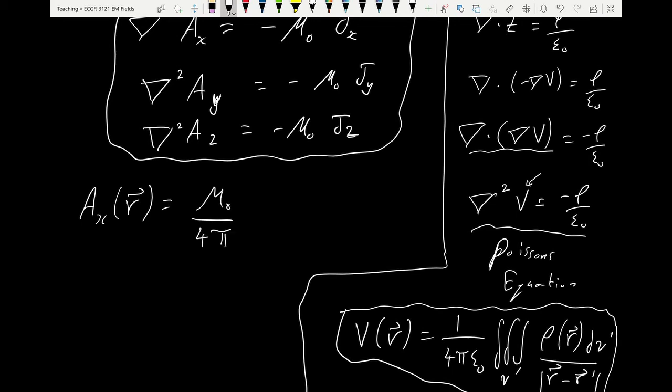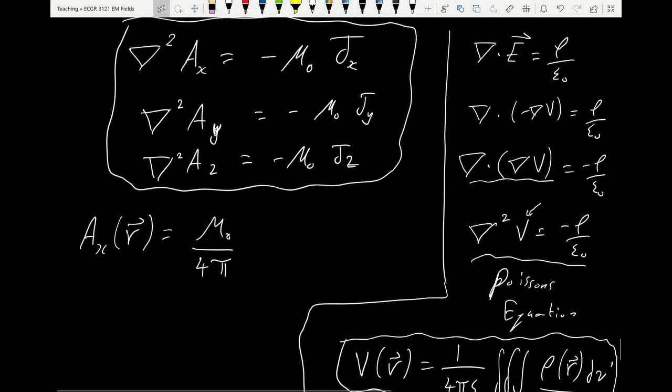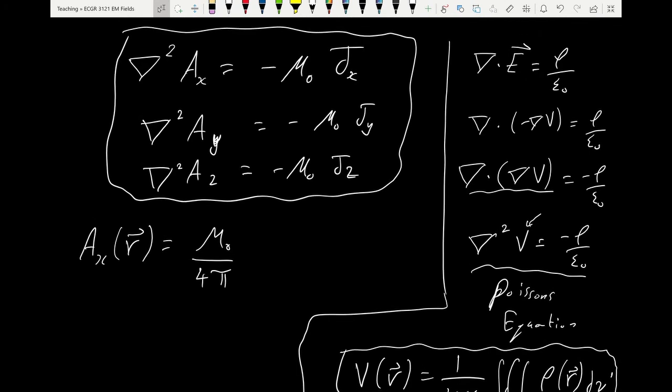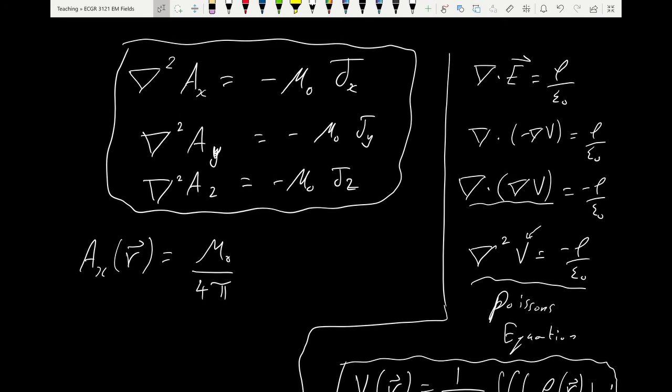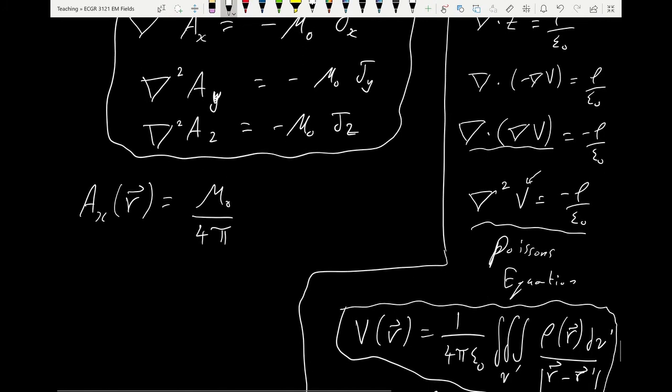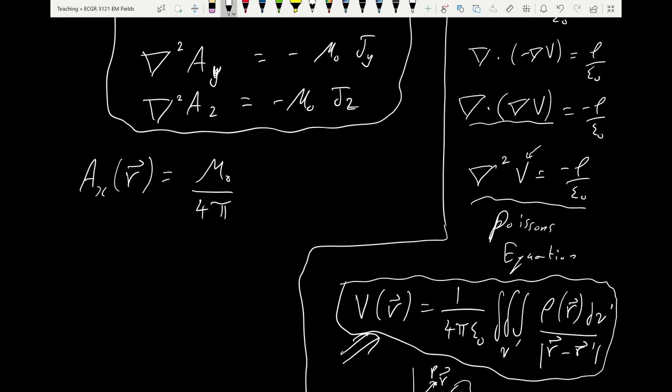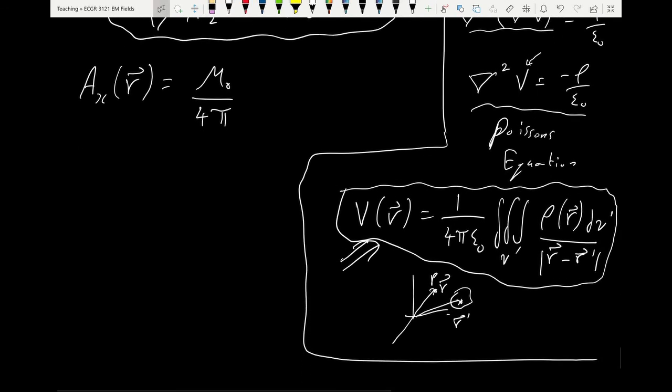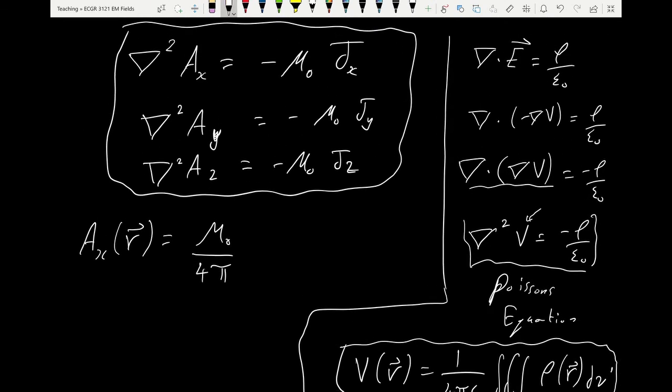Where does the minus sign go? Well, the minus sign is still there, which is fine because the Poisson equation has the minus sign. So forget the minus sign. Even with the minus sign, the solution is going to be this. I got confused a bit about the minus sign, but this is exactly similar to those three Poisson equations.